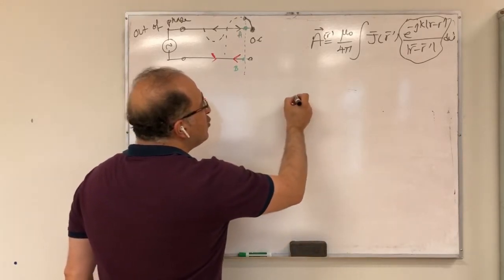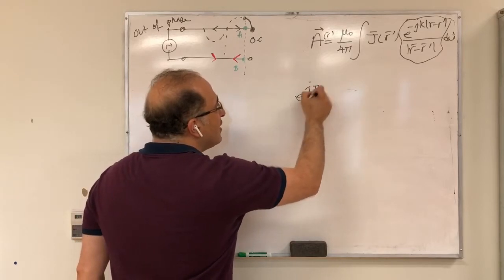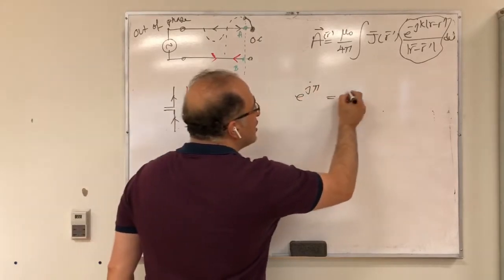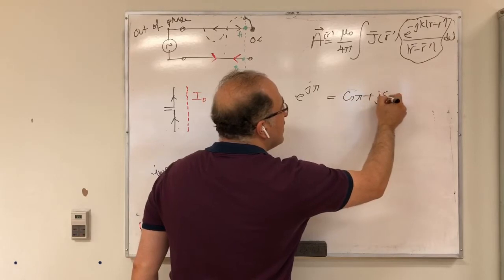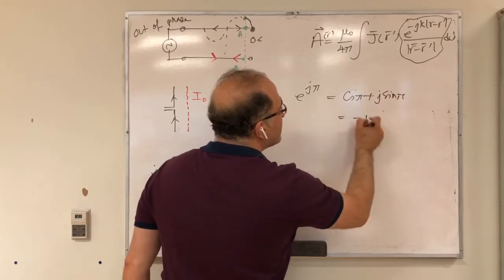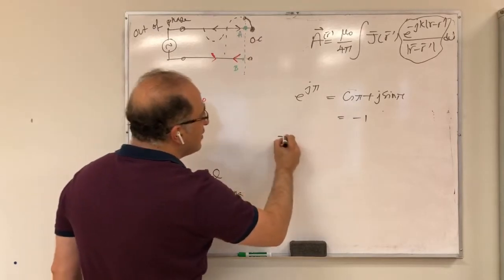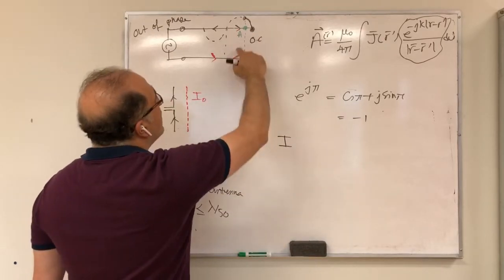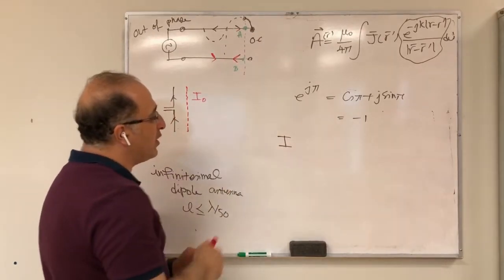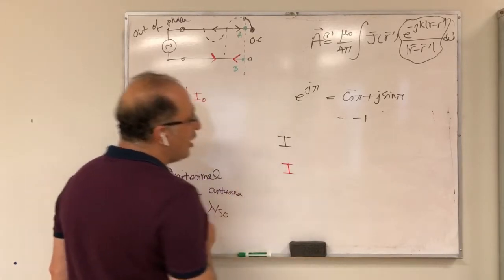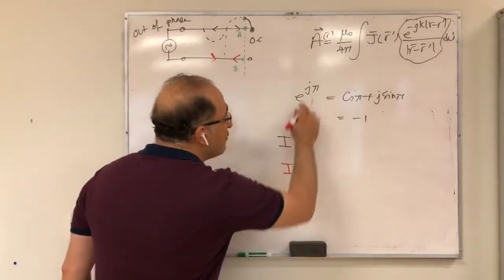Remember, e to the power of j pi, according to Euler's equation, is cos pi plus j sine pi, and that's -1. So if I take this current here as I, now if I take the other current, the red one, as the same current I, but now I apply a phase of pi.